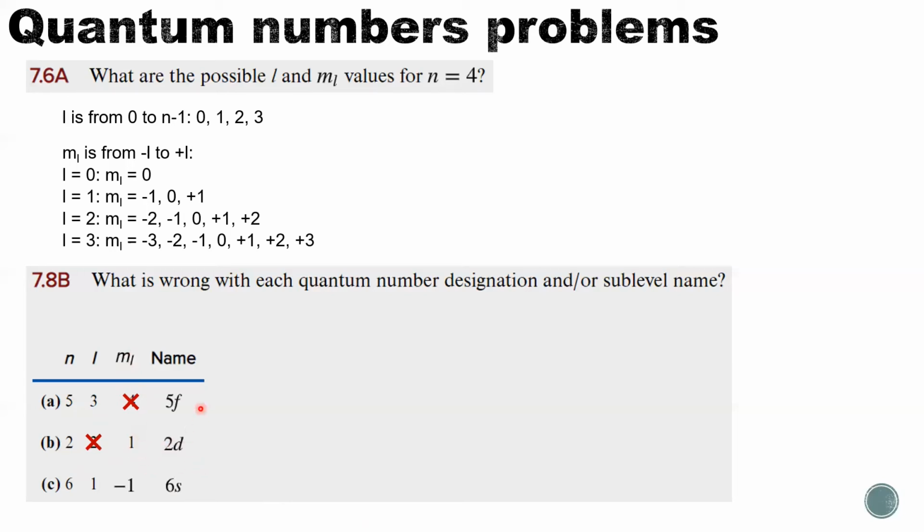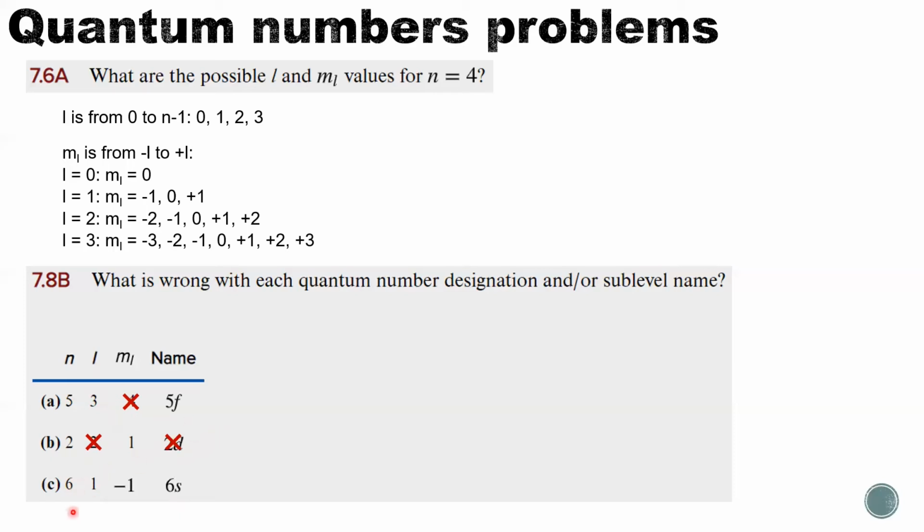And for the name, 2 corresponds to the principal number, that's good. D corresponds to s, p, d, so that's the third sublayer, 0, 1, 2, that corresponds to L equals 2. If we think L equals 2 is correct, then this name is correct. However, L cannot be 2, so the sublayer cannot be 2D.